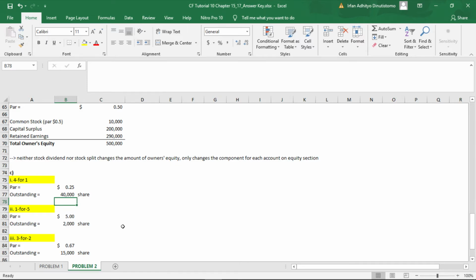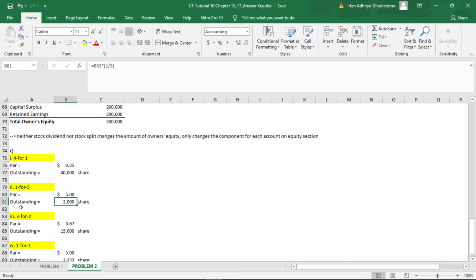So this means the value of 5 stocks now becomes the value of 1 stock. So the par will be multiplied by 5 into $5, and the outstanding shares will be divided, a fifth of the earlier amount of shares.